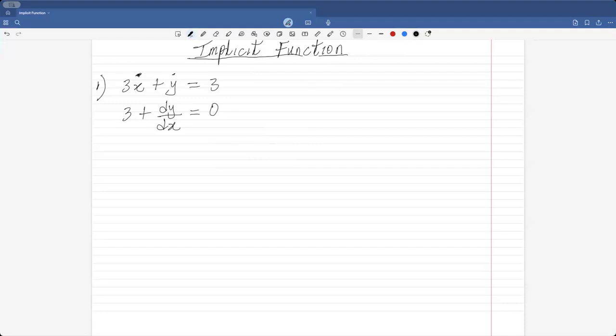So we have 3 minus 3 plus dy/dx equals -3. So this becomes 0. And at the end of it all, we have dy/dx equals -3. And this is our final answer for this problem. So let's move further.